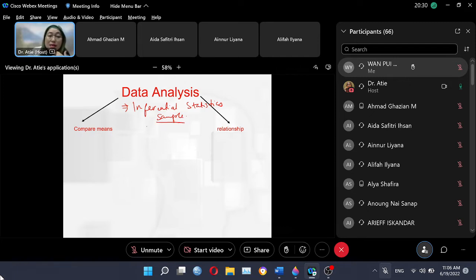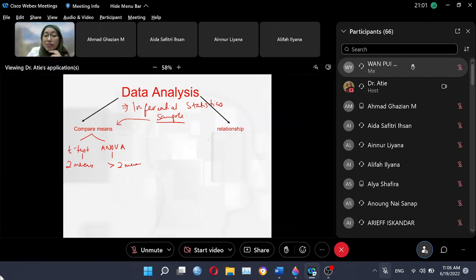So usually, the purpose of our study is to compare means or to find a relationship. When I say compare means, we can use either t-test or ANOVA, right? So remember, t-test is when you have two means or two groups, and ANOVA is when we have more than two groups or more than two means, right?